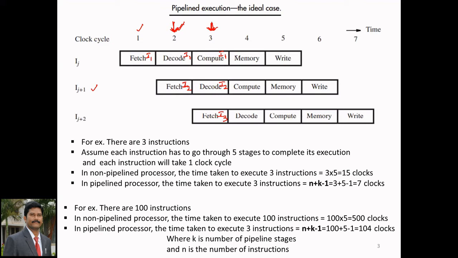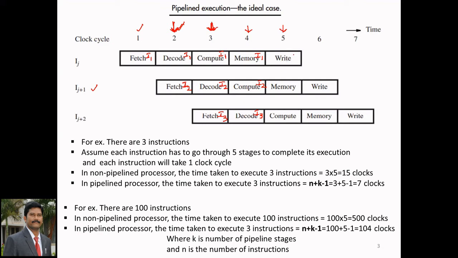Now at clock cycle 4, time T4, I1 was computed in clock cycle 3 and is given to the memory stage. The compute unit is free, so I2 is given here, and I3 is decoded. Now at clock cycle 5, again 3 are busy.